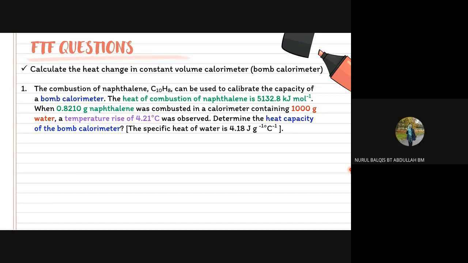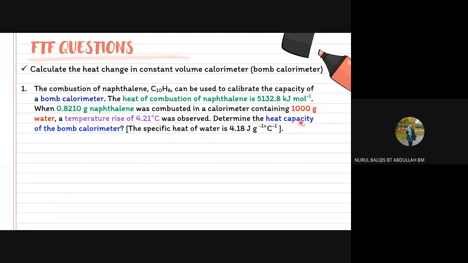Okay Miss. So means the questions will not always go from Q to number of mole to enthalpy. Sometimes they give you the enthalpy, they want you to find Q, they want you to find C, so you have to work backwards. Okay, and then when 0.8210 gram naphthalene was combusted in a calorimeter containing 1000 gram of water, a temperature rise of 4.21 degrees C was observed.